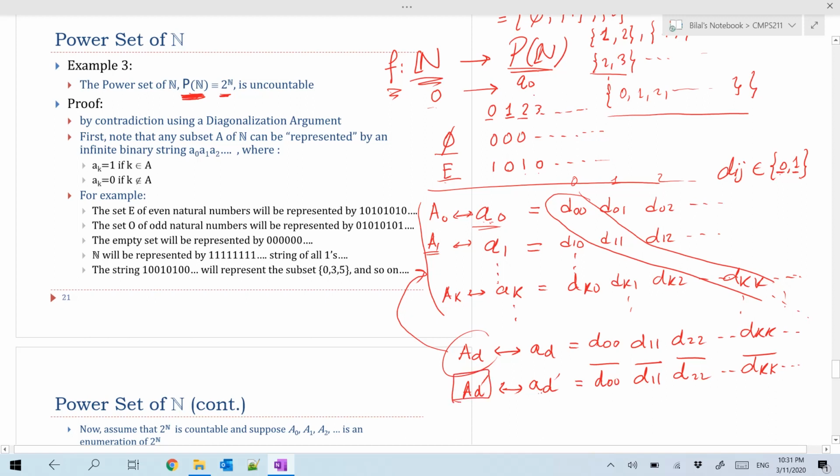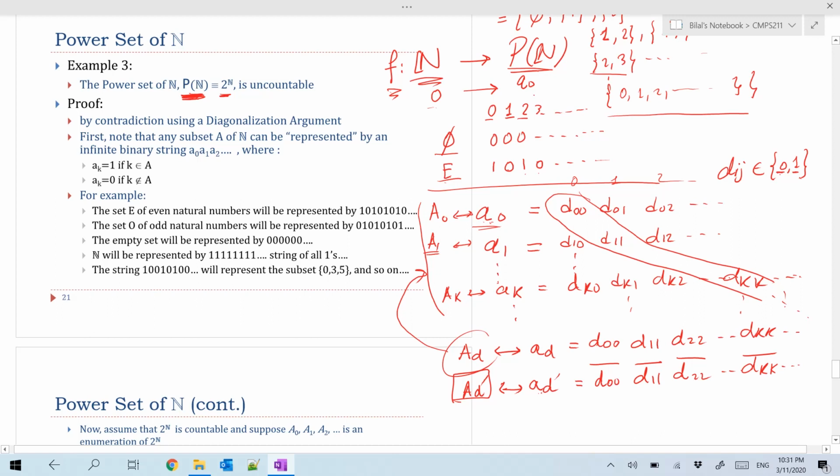Now this sequence denotes a subset of N. It's undeniable that it is a subset of N, because it simply contains certain elements of N and does not contain other elements of N. Nevertheless, this subset cannot be any of those subsets here.